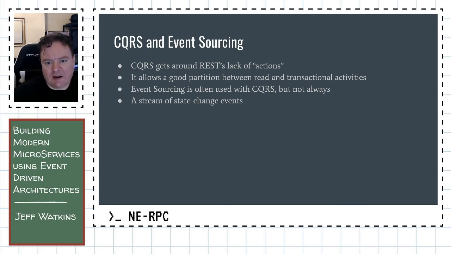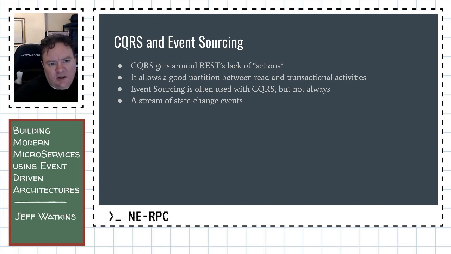So CQRS, the command query responsibility segregation pattern, allows you to use a more RPC style approach. So basically, you split out your queries, which is your read models or your API aggregations, for your actual commands, which are the do this, do that, your sort of verbiage.